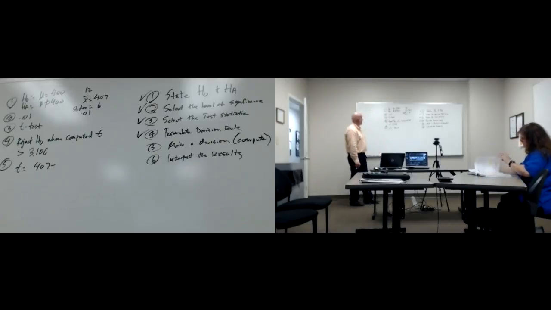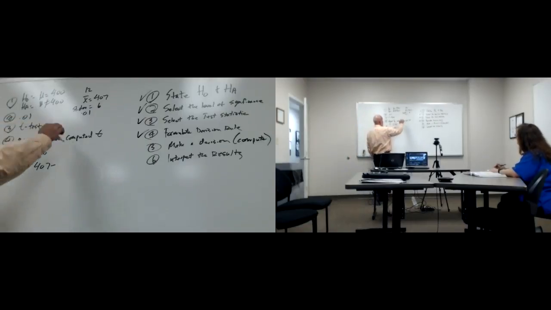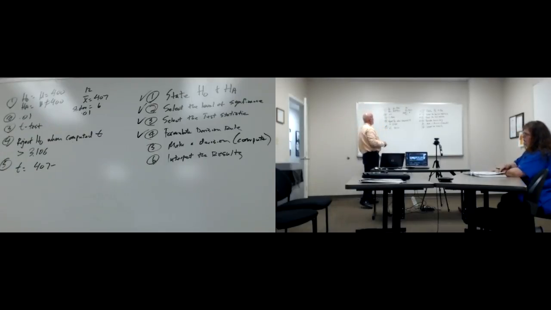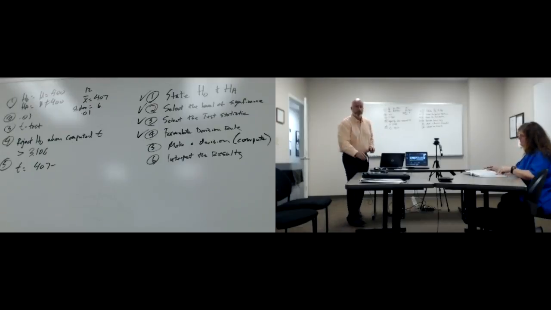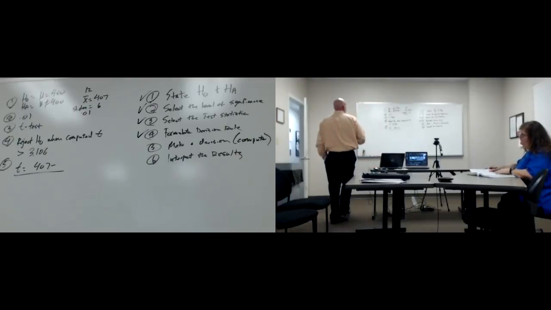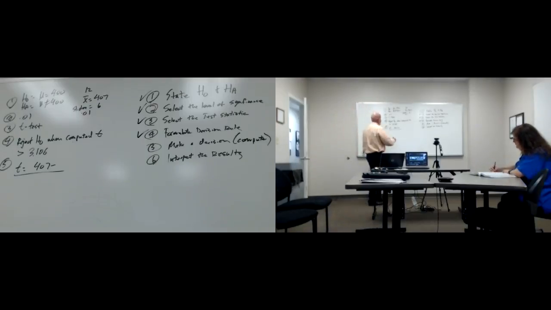So now, how are you solving? The t is going to equal the sample mean, 407, minus 400.